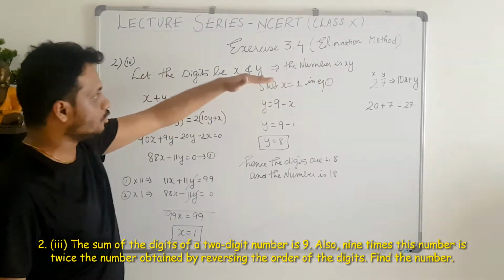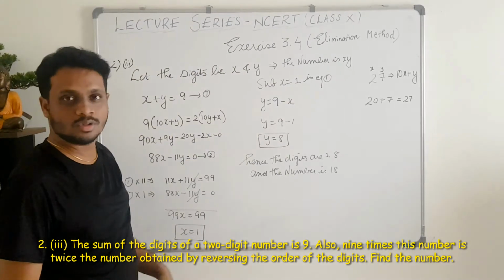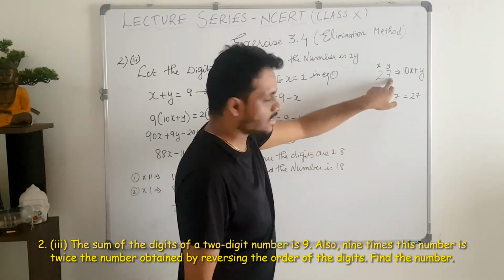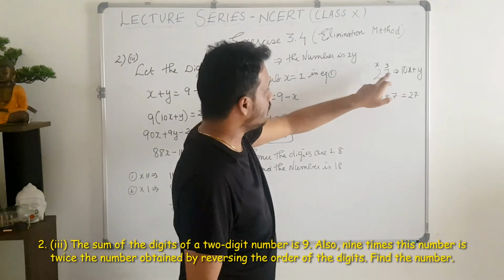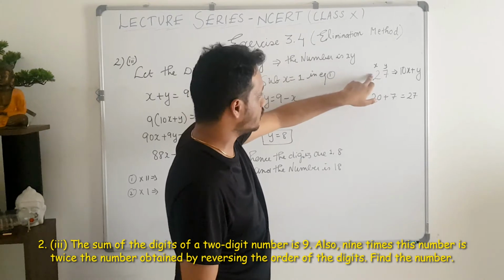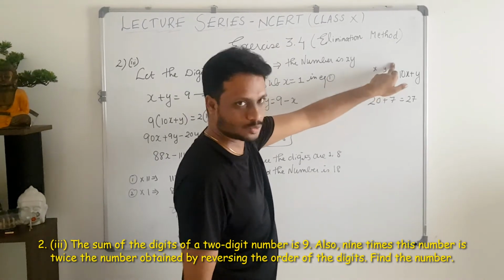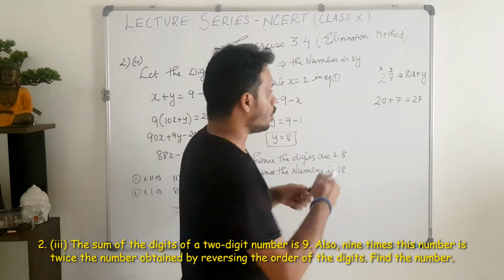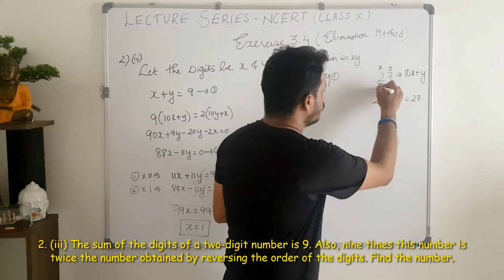Before starting problems like this, we must understand how digits are represented in an equation. For example, if you have 27 as a number, it's written as x and y as per our assumption. But when I write 27, I mean it's 20 plus 7, because 7 is in the ones place and 2 is in the tens place.